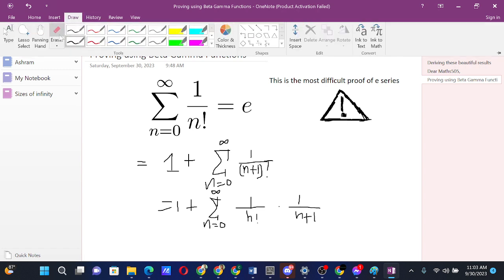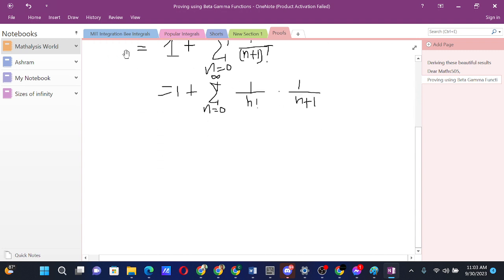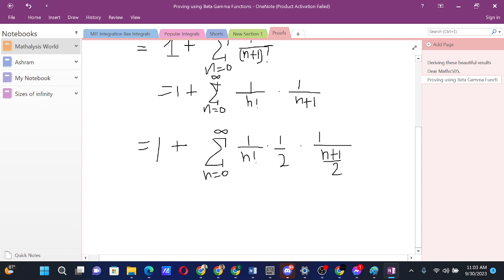After this, 1 plus the summation from n equals 0 to infinity of 1 by n factorial times 1 by 2 times 1 by n plus 1 by 2.